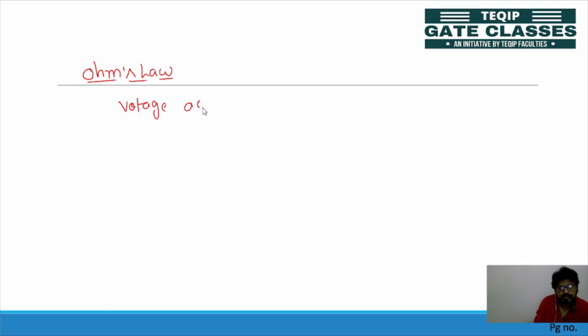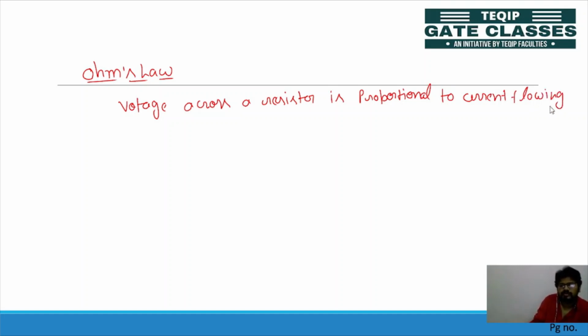Voltage across a resistor is proportional to the current flowing in it.